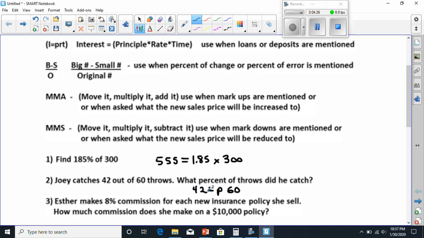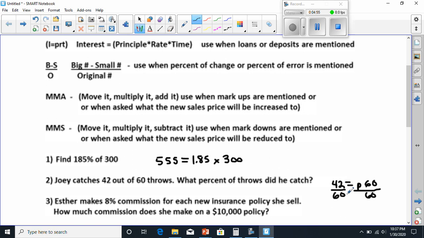Well, I'm going to write this over here so it's a little bit easier for me to work. This is 60 times P is going to equal 42. 42 is the part of 60. But we're going to find the percent now. Well, to do this, I got to divide by 60 to get P alone. Whatever I divide from one side, I'll divide from the other.